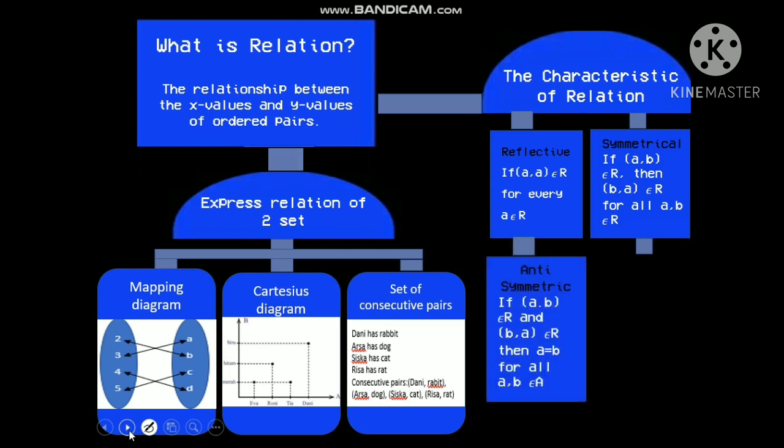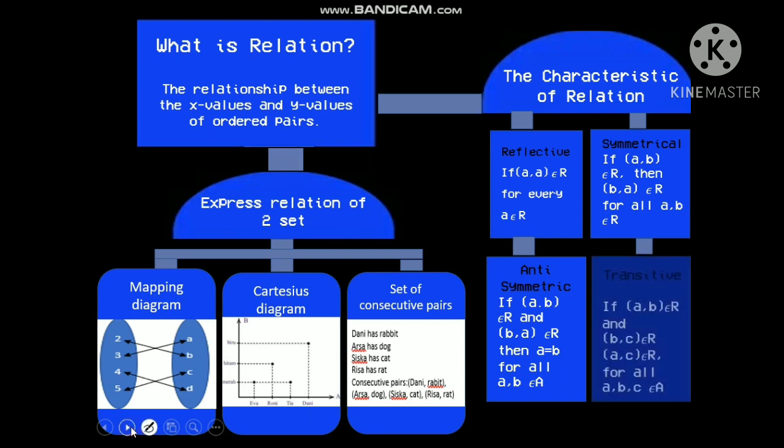The third is antisymmetric. We can say that the relation is antisymmetric if (a, b) belongs to R and (b, a) belongs to R, then a equals b, for all a, b belonging to the set A. Okay, the next is transitive.